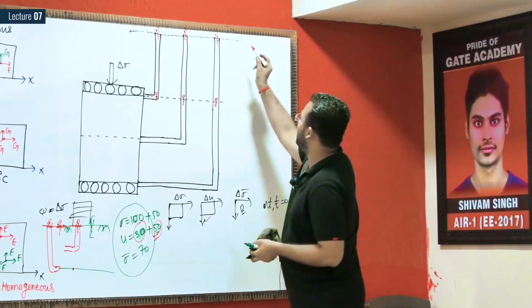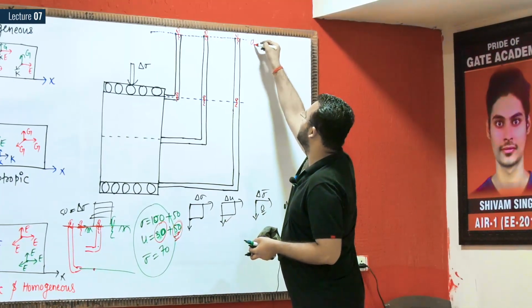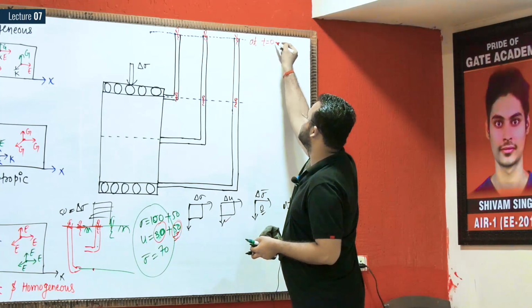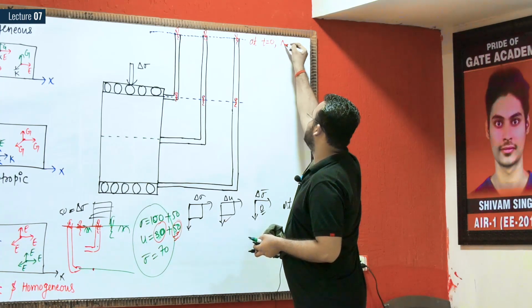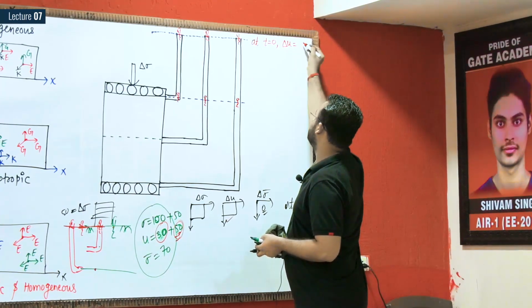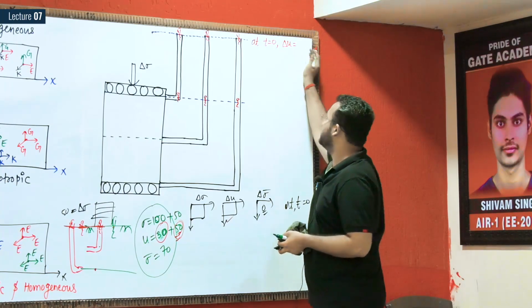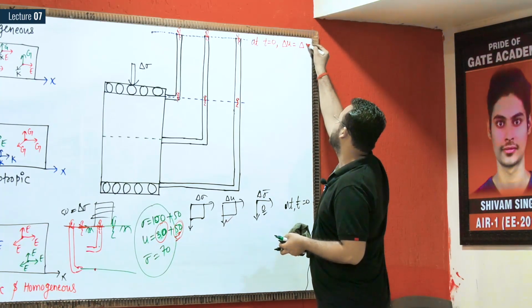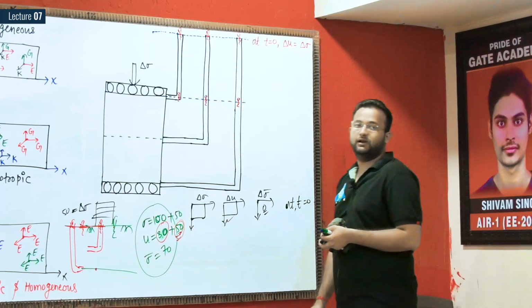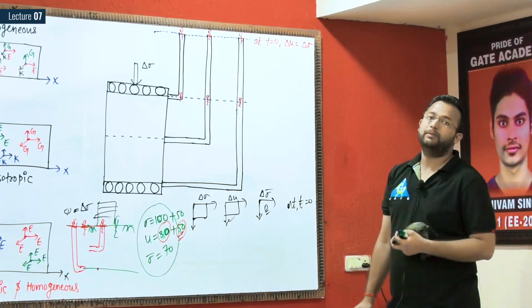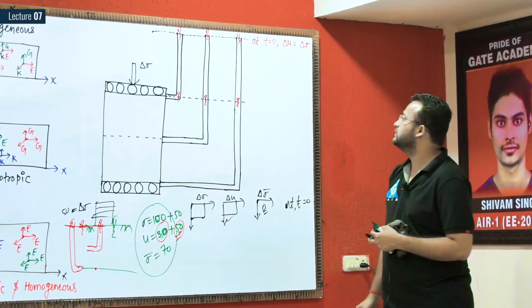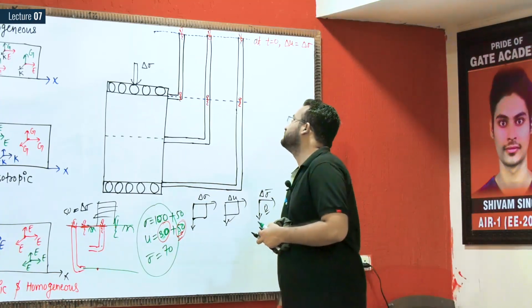So this picture I have created at T equal to 0 when your additional pore water pressure, which is known as excess pore water pressure, becomes equal to the additional applied total stress.